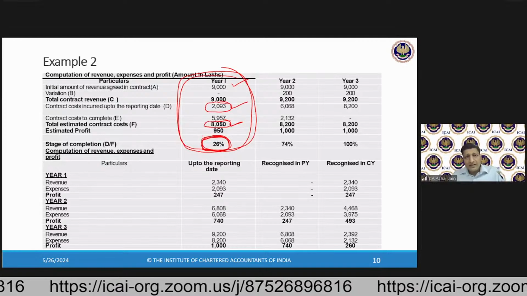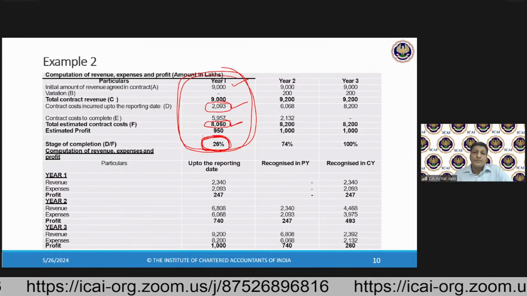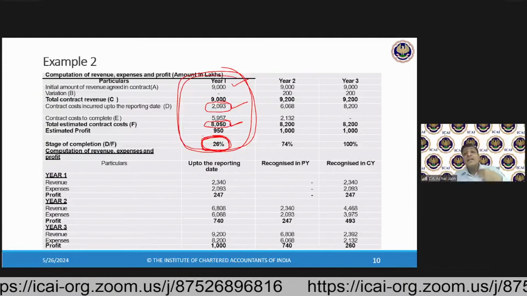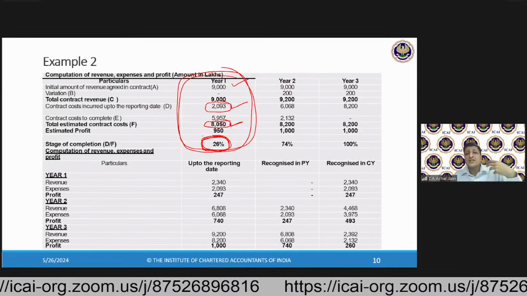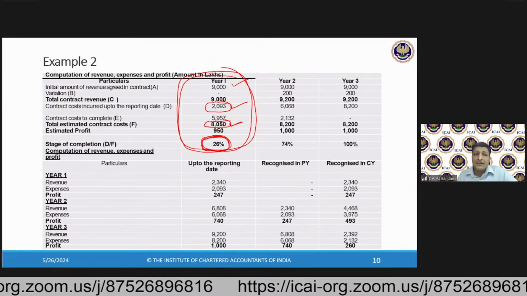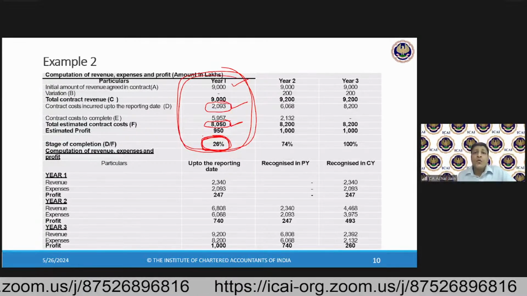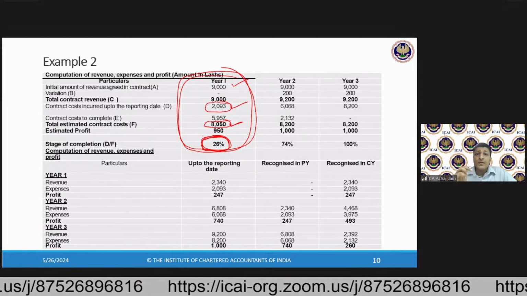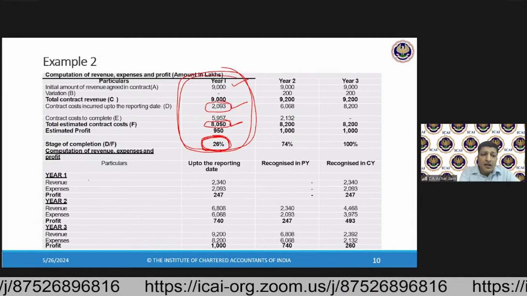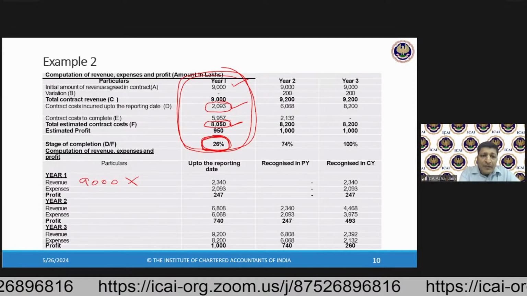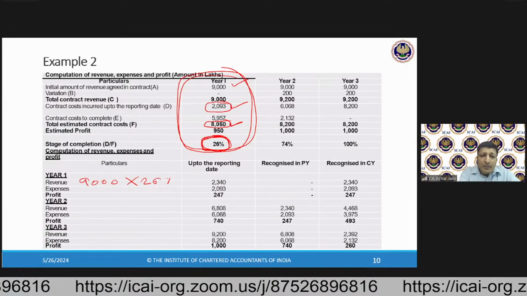Now, let's get on to the P&L. Let's recognize revenue and expense. In the P&L, what will be the amount of revenue that you recognize? 9000 is the contract value, multiplied by the percentage completion.